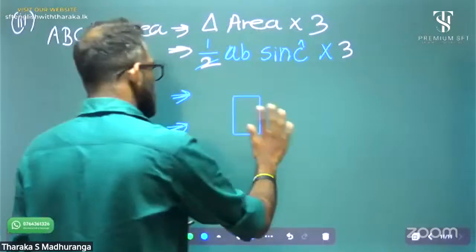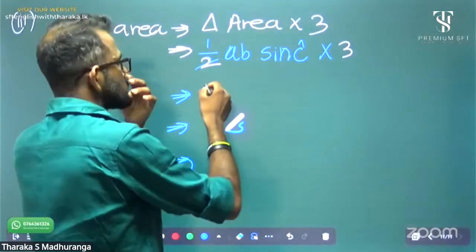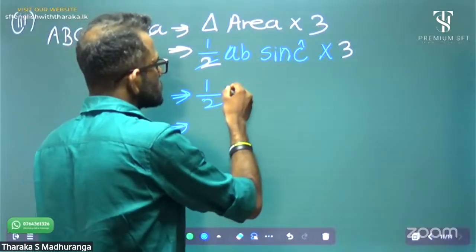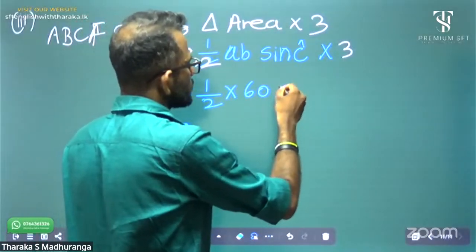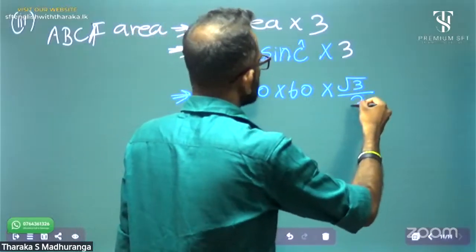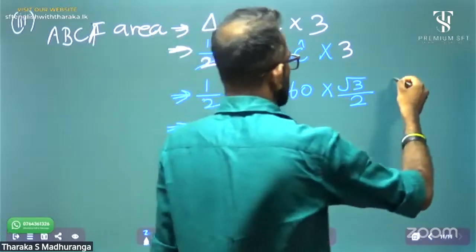One triangle area multiplied by 3. Half into 60 into 60, sin 60 means root 3 over 2, into 3 now.